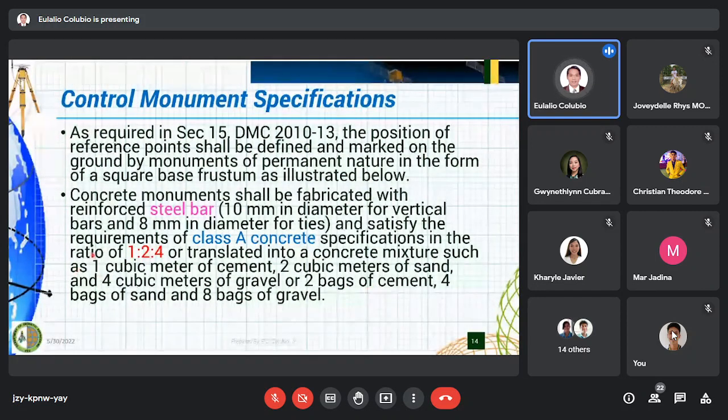Basta kay ang iyang ratio is 1:2:4, no? So don't forget nga ang cement nimo 1, ang 2 nimo is sand, and then ang 4 man is gravel, no? So mas daghan ang gravel because mas lig-on ang imong concrete kung naay gravel nga daghan kumpara sa sand.